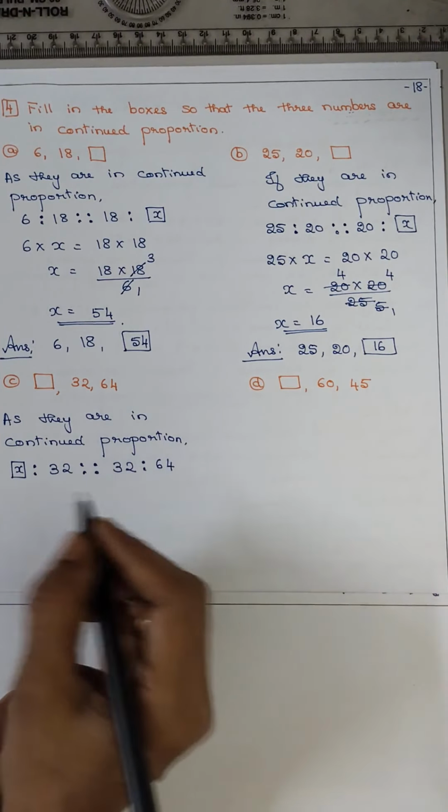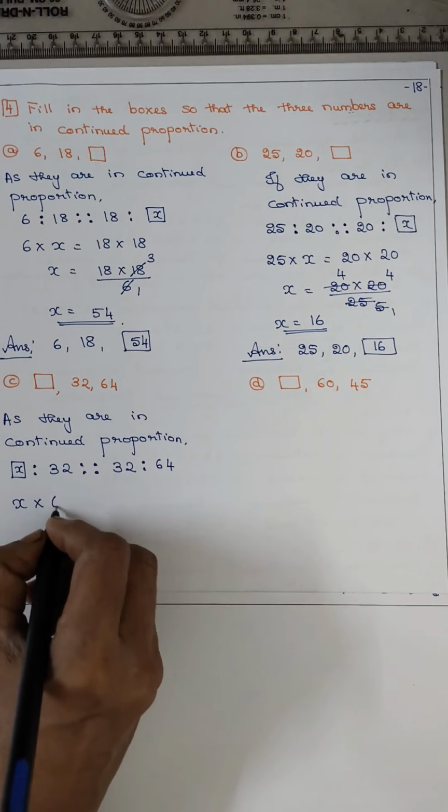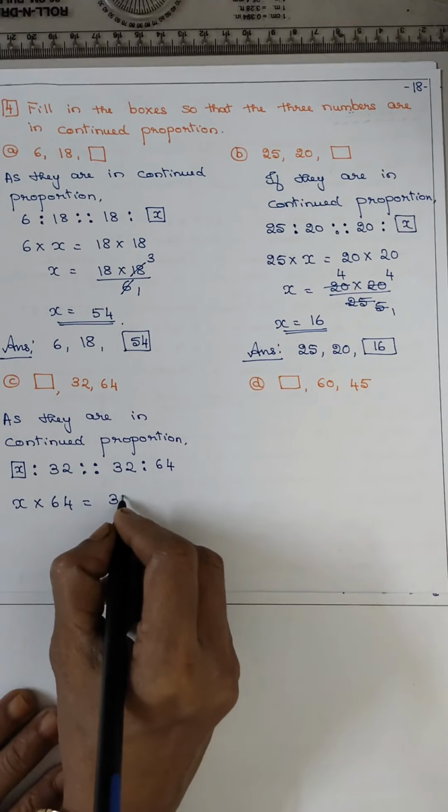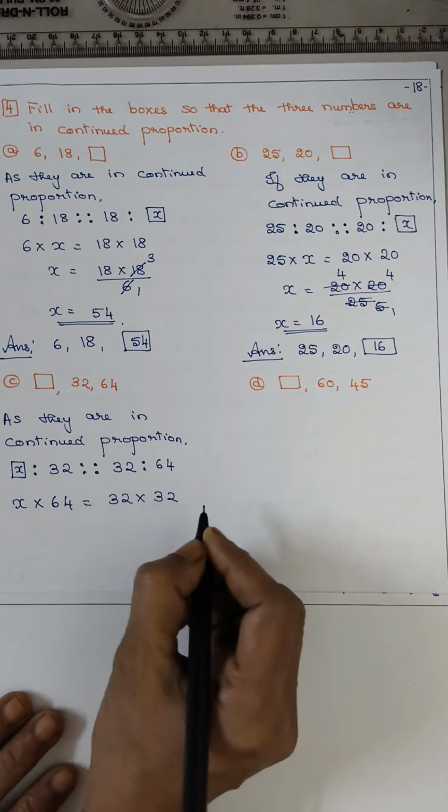Now the product of extremes, that is first and the last, should be equal to the product of means, second into the third.